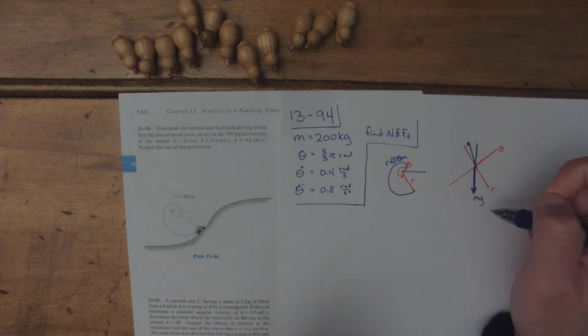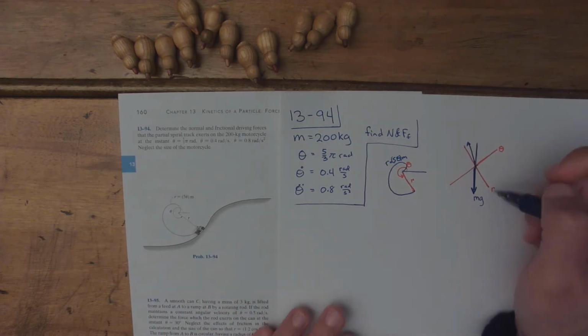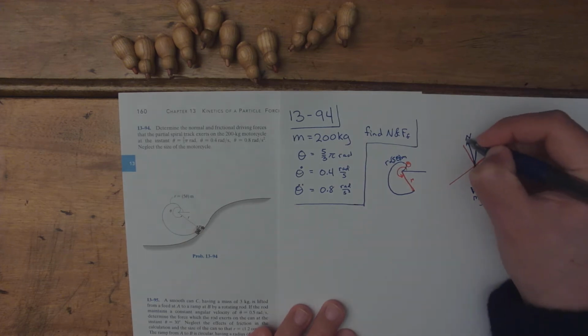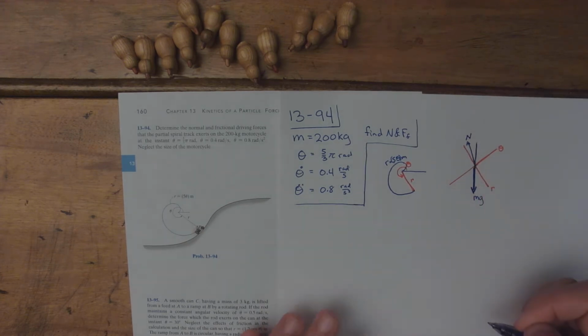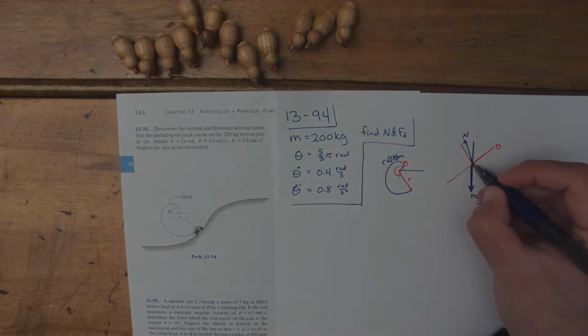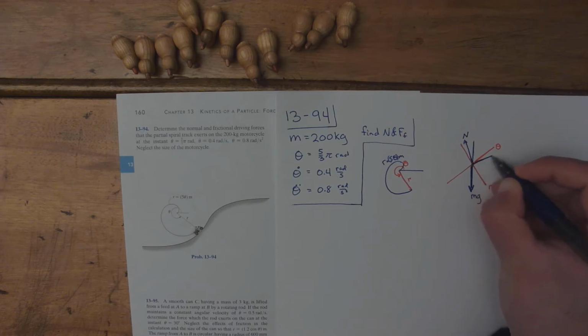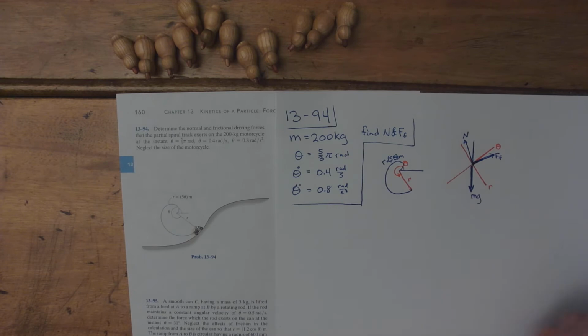So the force which is perpendicular to the surface of contact is the normal force. And then we have a frictional force also, and the frictional force is parallel to the surface of contact. So that would be like this.